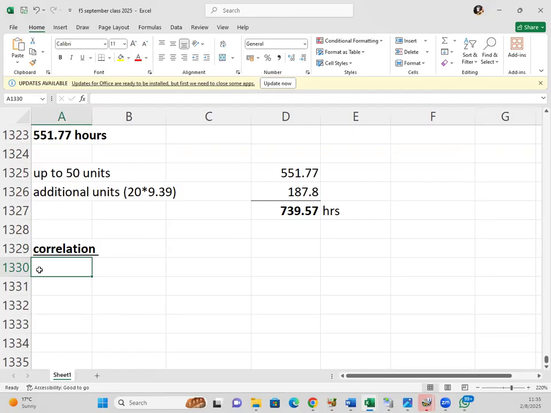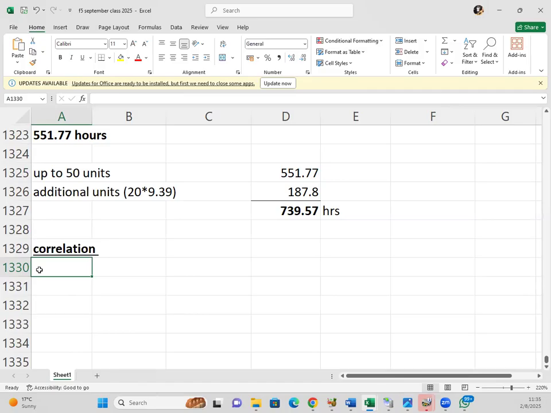The correlation looks at two variables that we want to see if they are somehow connected or not.